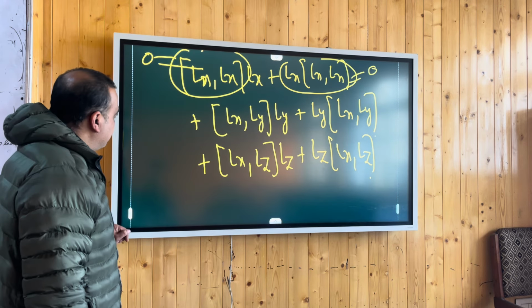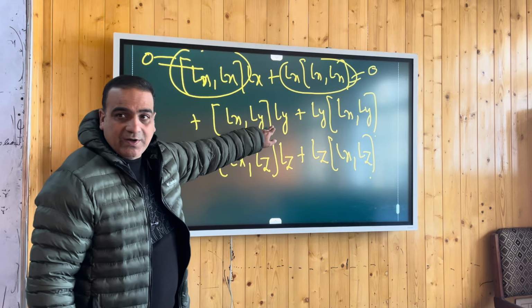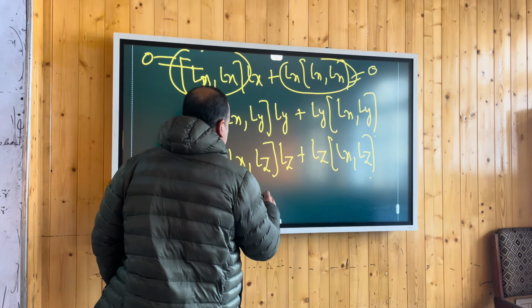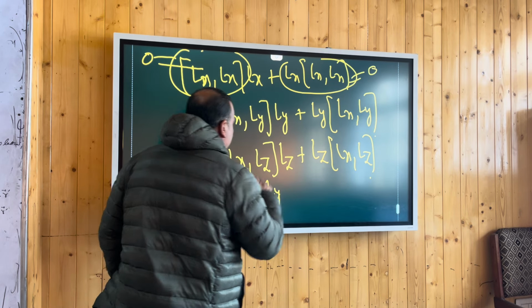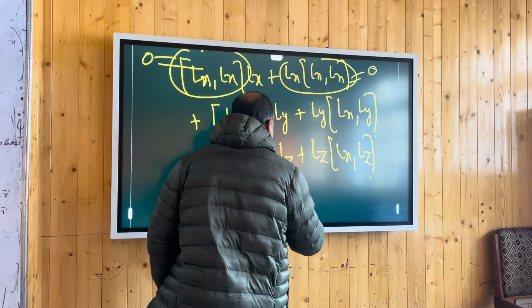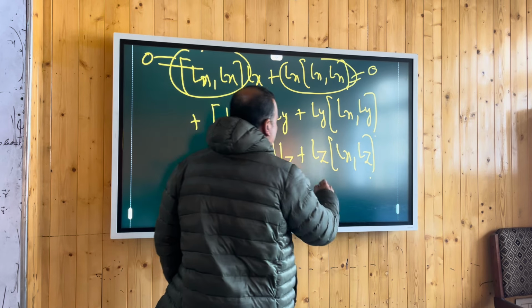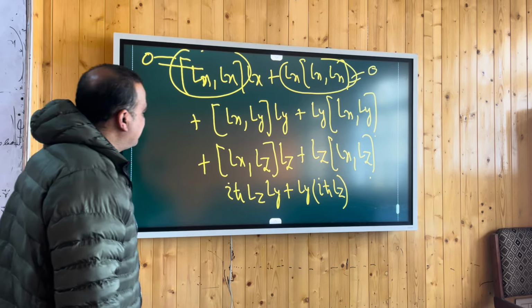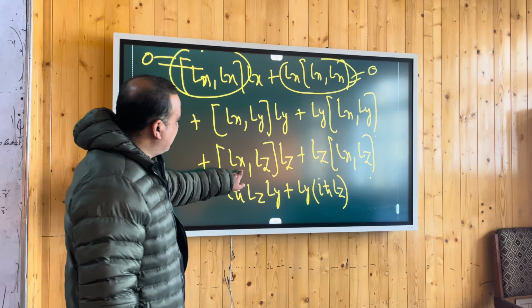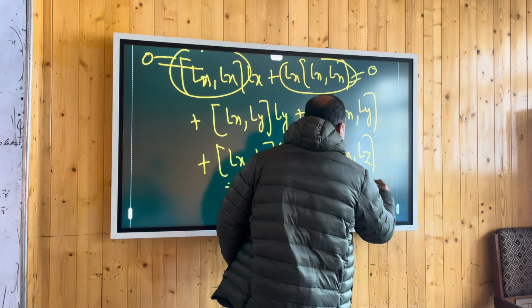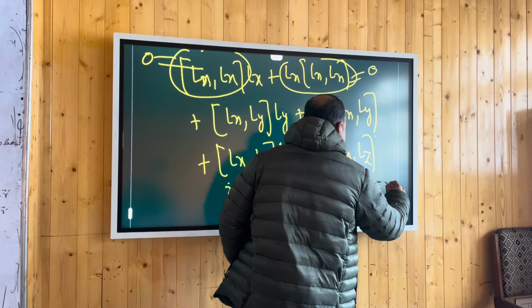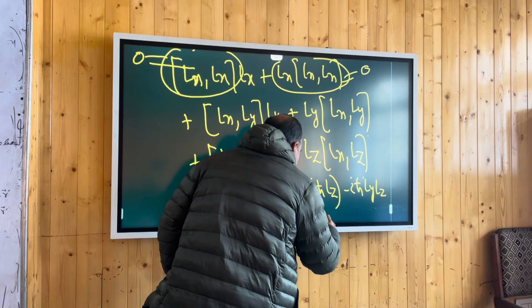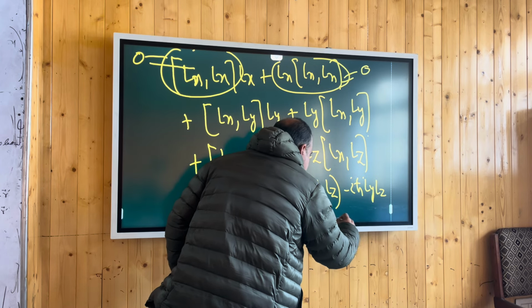Now here we have to go with some results. Lx and Ly gives iħLz, times Ly, plus Ly iħLz. Then minus iħLy Lz, and minus iħ Lz Ly.